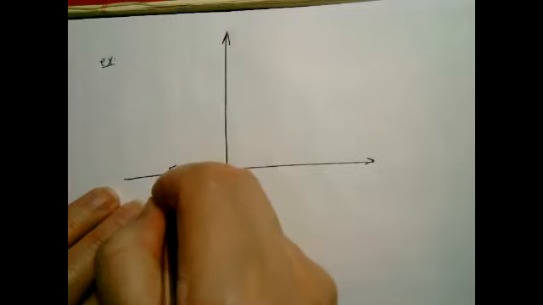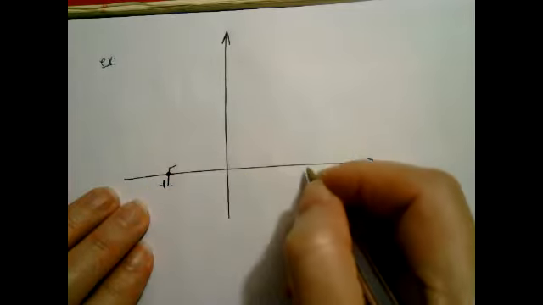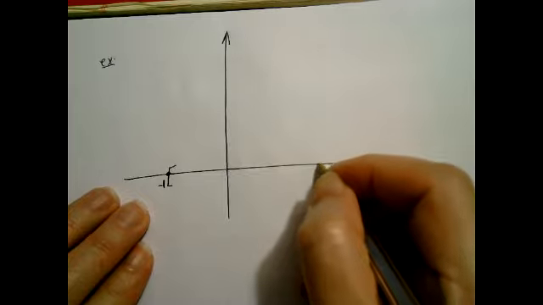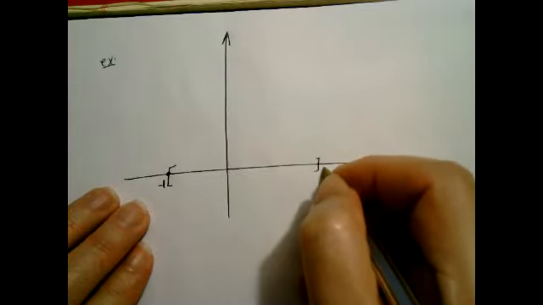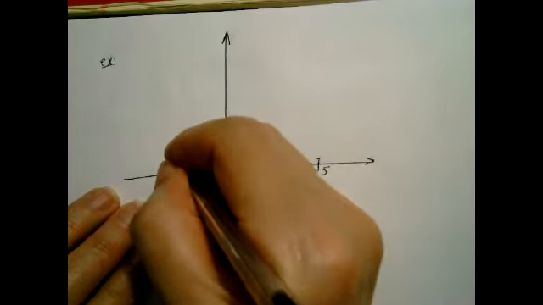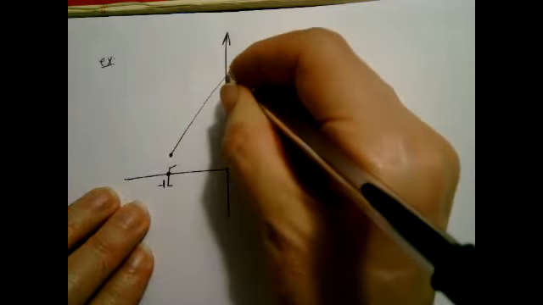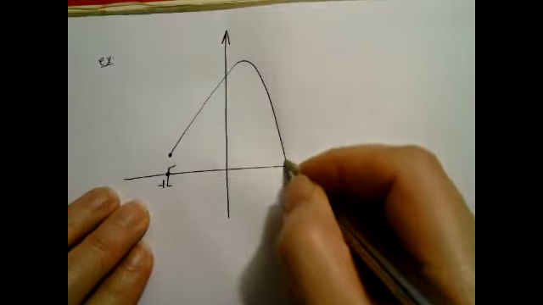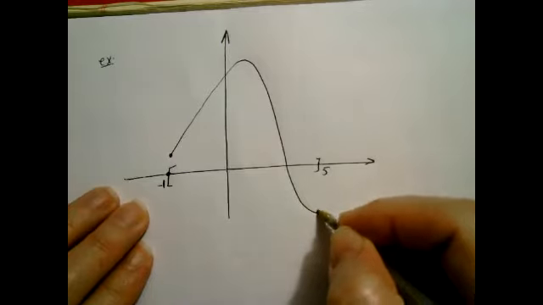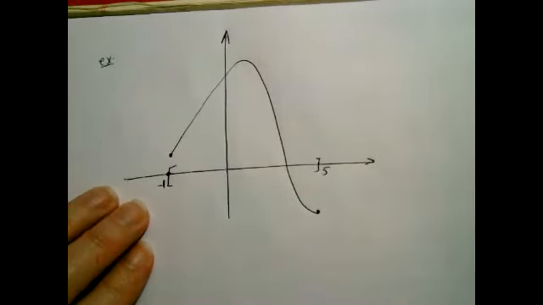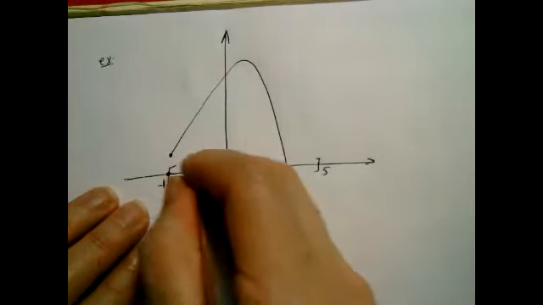So I'm going to take -1, and let me see, this is 5. And I'm going to graph my function like this. This is going to go up, and my function is going to go down. That's my function. And I need to give you numbers.